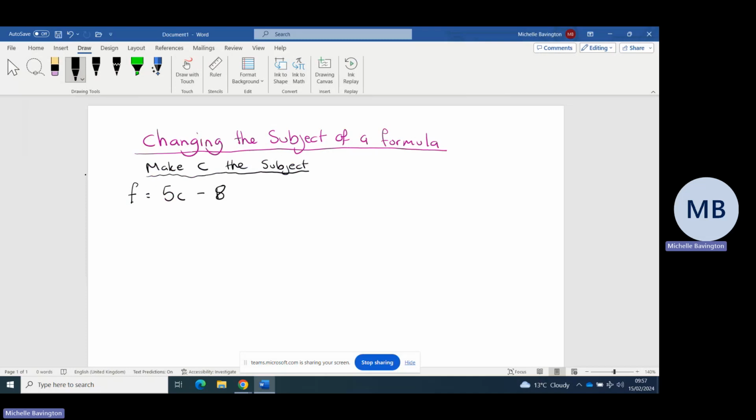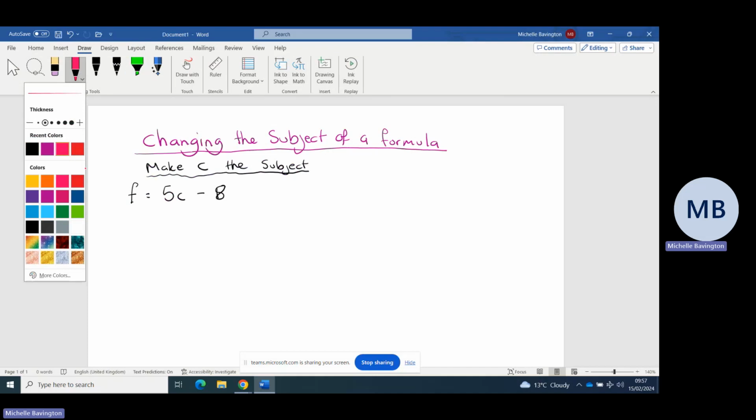Make C the subject. Right, so what we do is, now there are different ways to do this and it's absolutely fine if you've got your own way. I'm just going to show you my way and hopefully it will make sense.